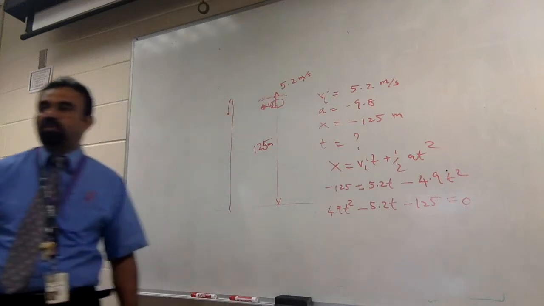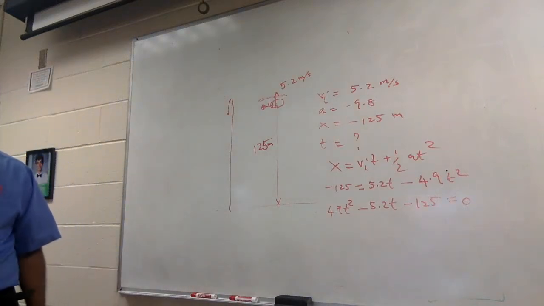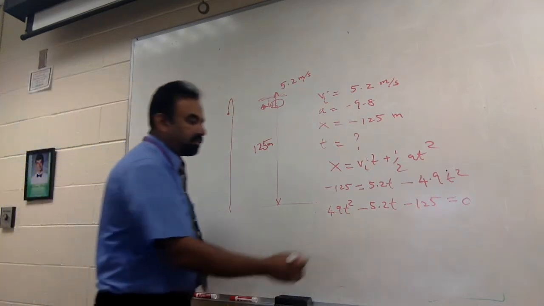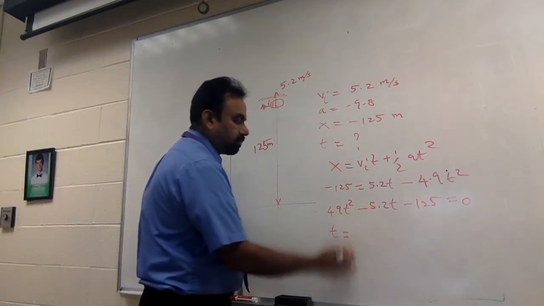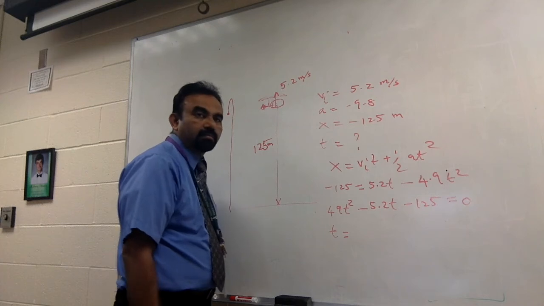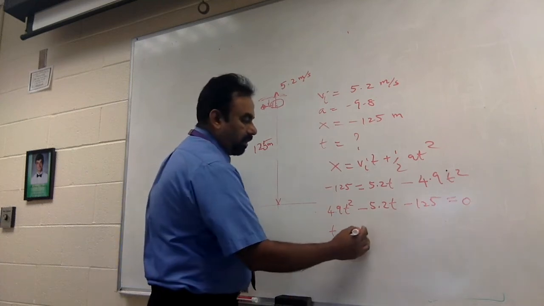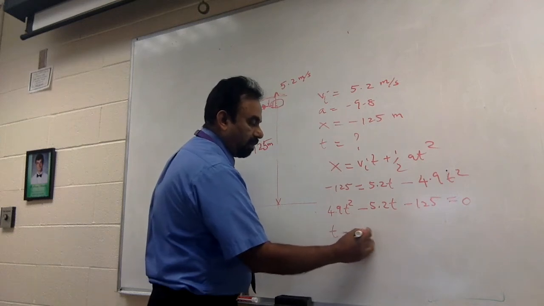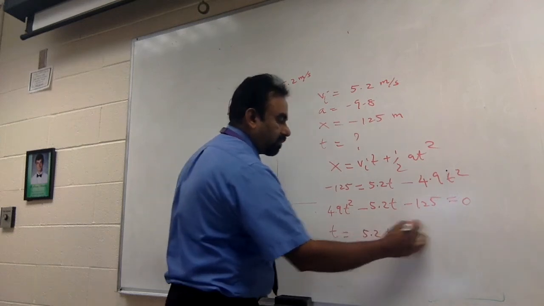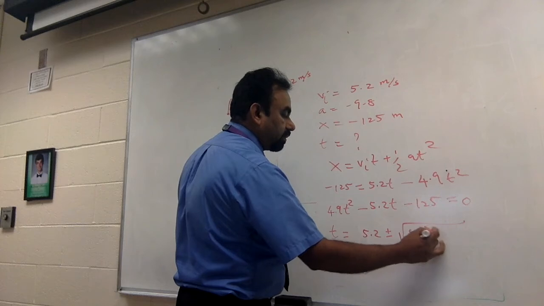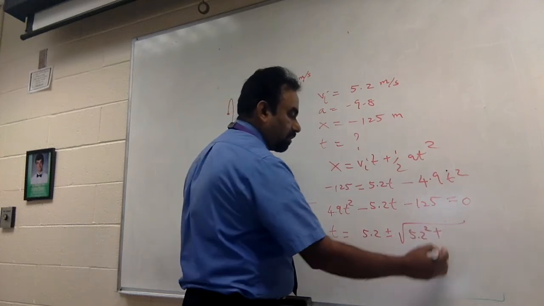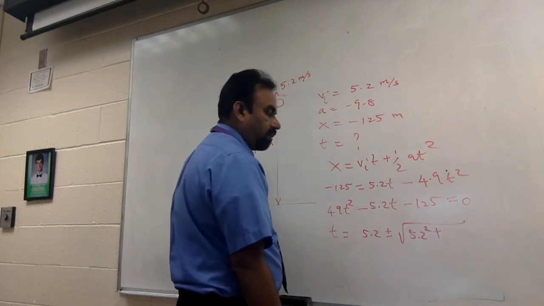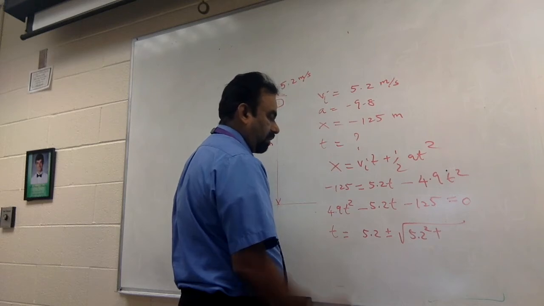You should know how to work this quadratic. And then find t. Minus b plus or minus root of b squared minus 4ac, so 5.2 plus or minus root of b squared, which becomes plus 4ac.